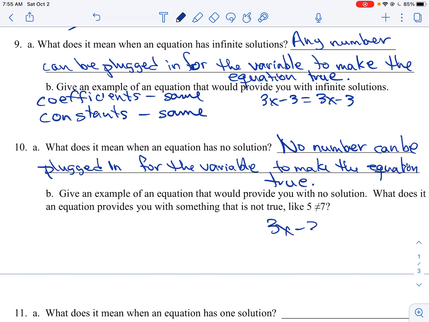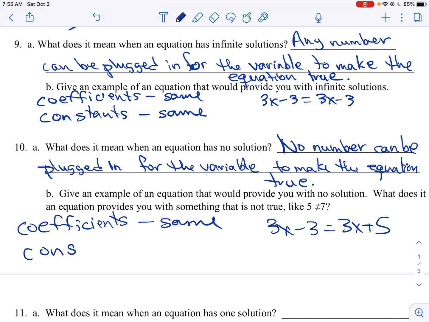So 3x minus 3 equals 3x plus 5. So the coefficients are still the same, but the constants are different.